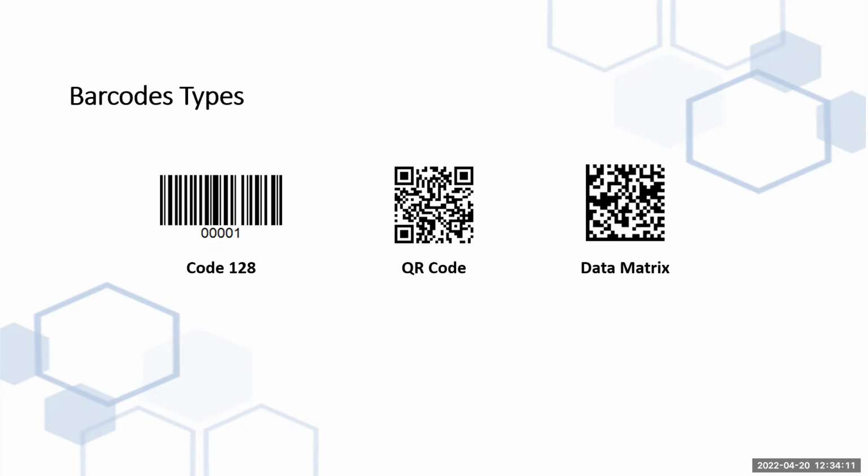The data matrix and the QR code are the two-dimensional barcodes that traditionally store more data, but you can certainly use just a basic linear code 128. So if you are going to be working with a vendor or with Camcode or Metalcraft, you want to make sure that you get barcodes within these particular formats to make sure that our system will recognize that.